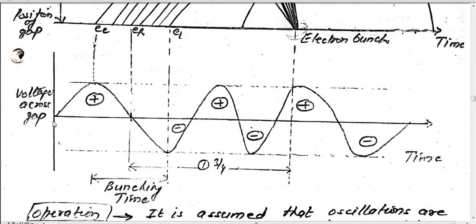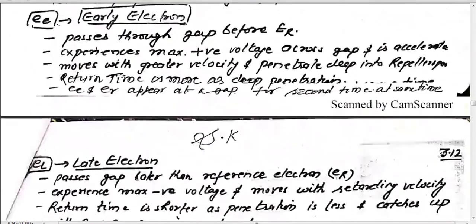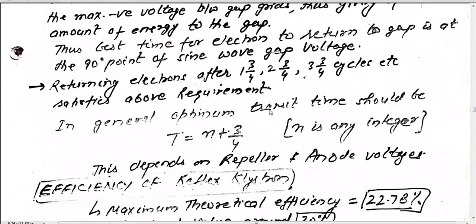If I start from this point to this point, then the total time is one complete cycle and 3/4 of the second cycle. So the maximum suitable time is therefore one full cycle and 3/4 of the second cycle.